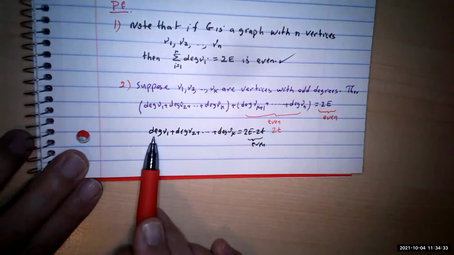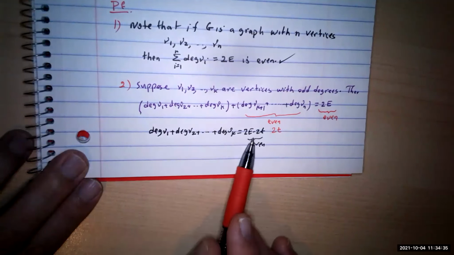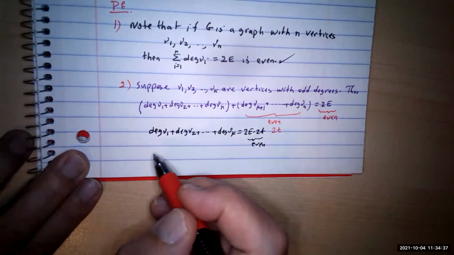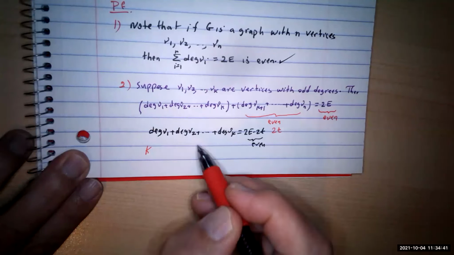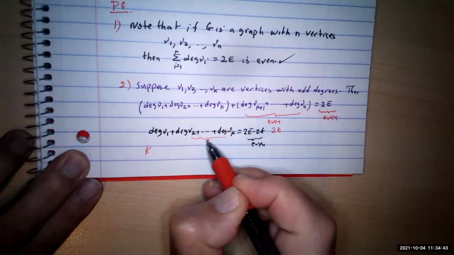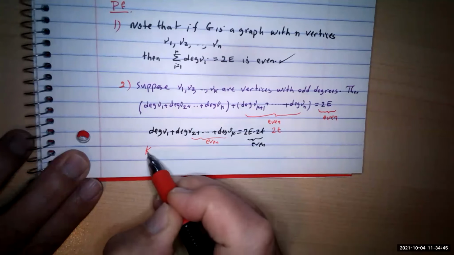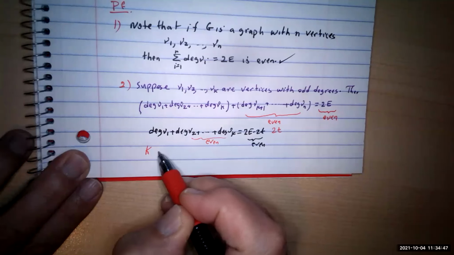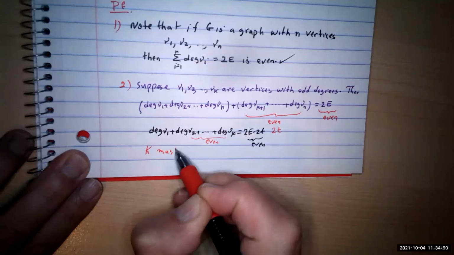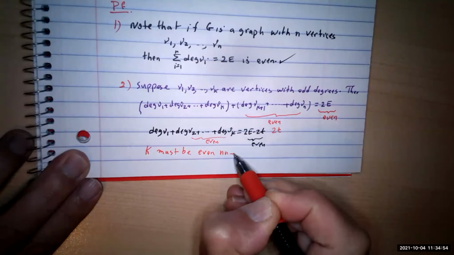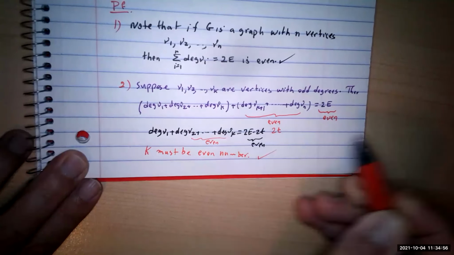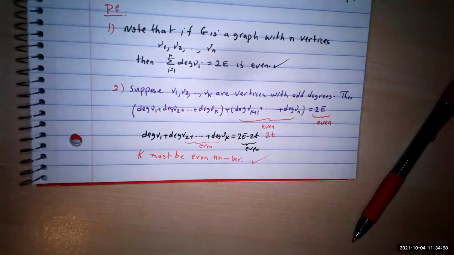So if you want this total of odd numbers to be even, the number k must be an even number. Must be an even number. Okay, it's all clear really. You don't have to write it down.